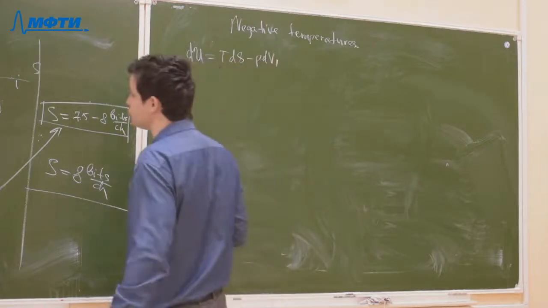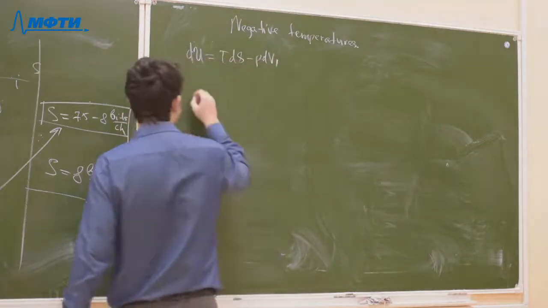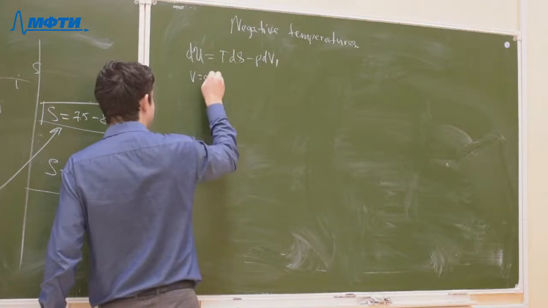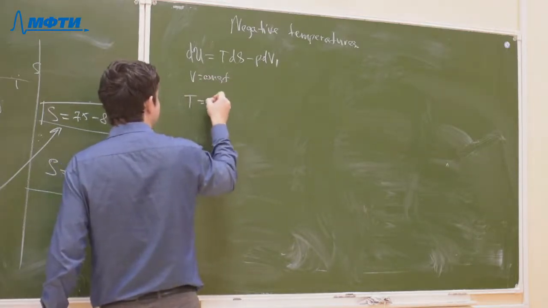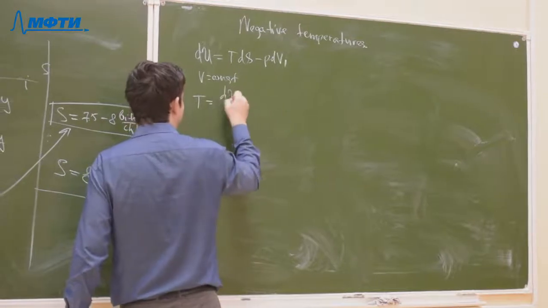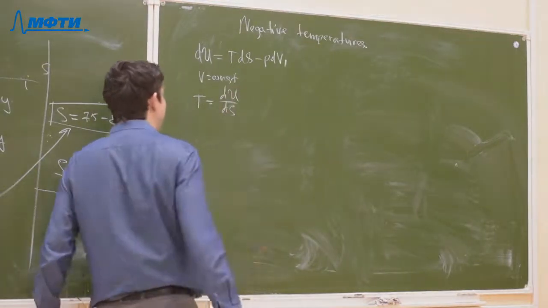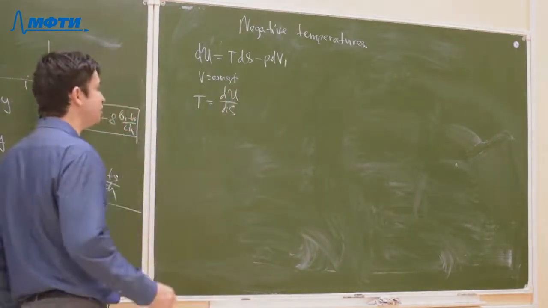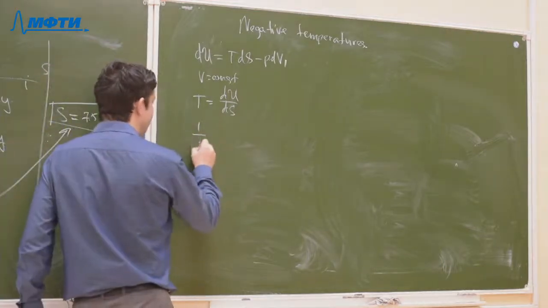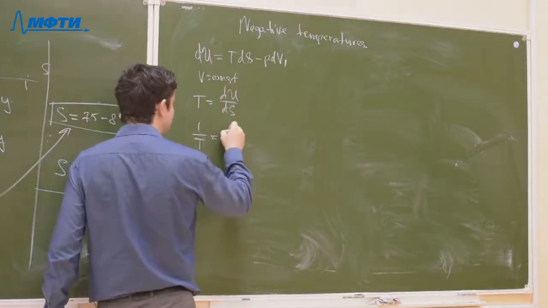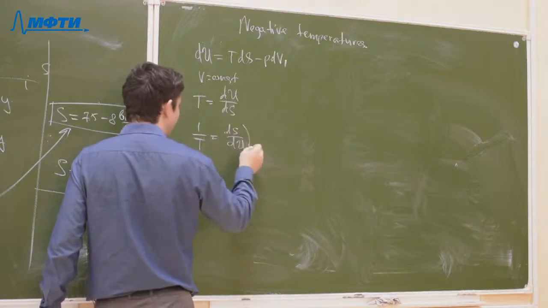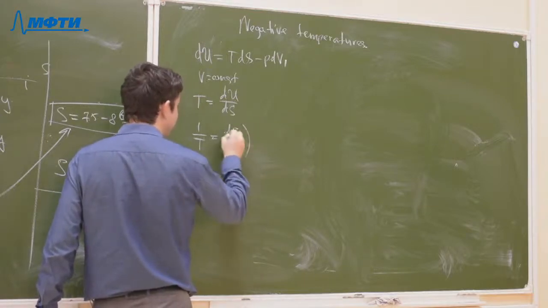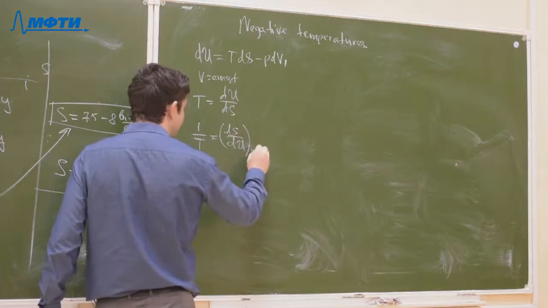And as we usually do in statistical physics, we assume volume constant. That gives you the temperature is equal to dU over dS. Well, mostly it is done in the opposite way. A reciprocal temperature is determined as a derivative of entropy over the internal energy at constant volume.